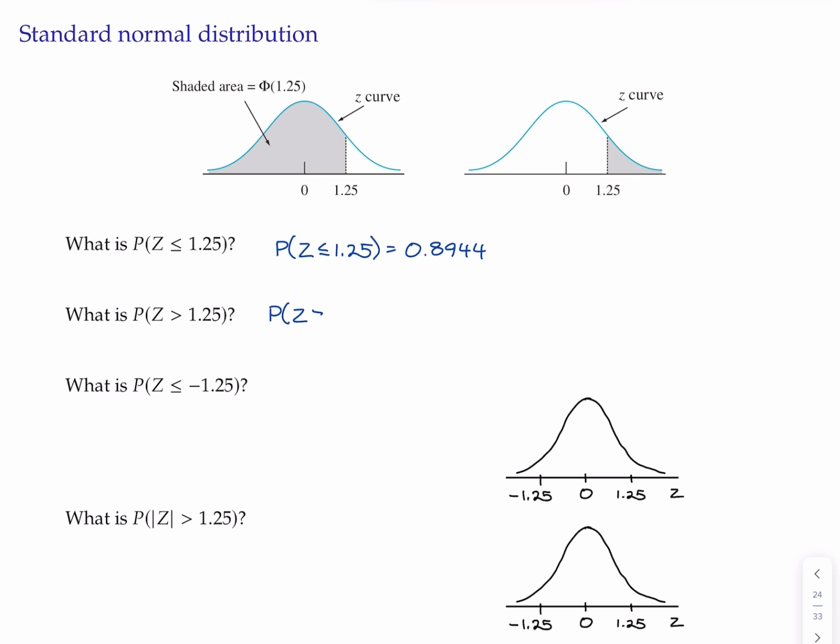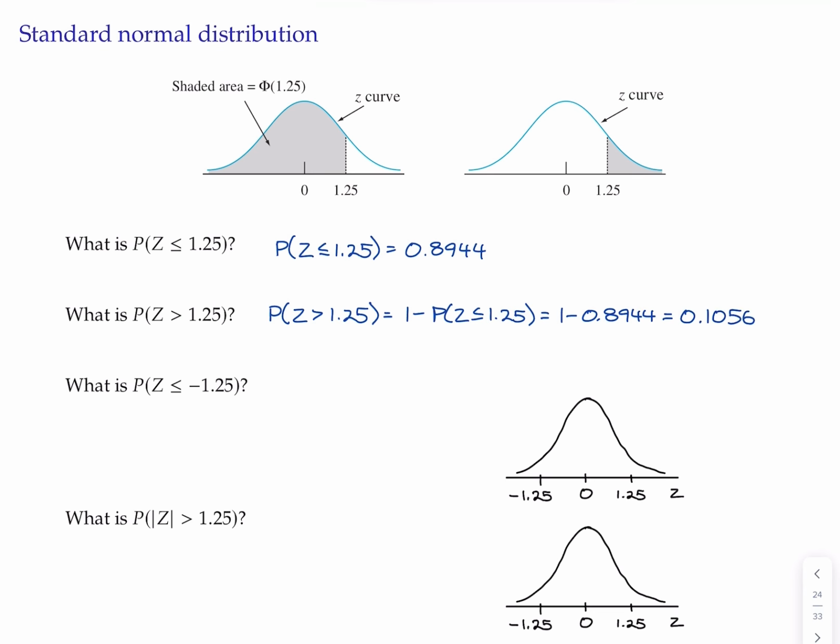And so to find a right tail probability, you can do 1 minus the left tail probability, which is just the CDF value. We already found that CDF value. So just do 1 minus that, a little over 10%, 0.1056.